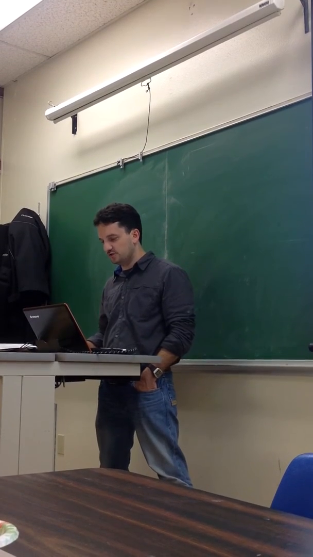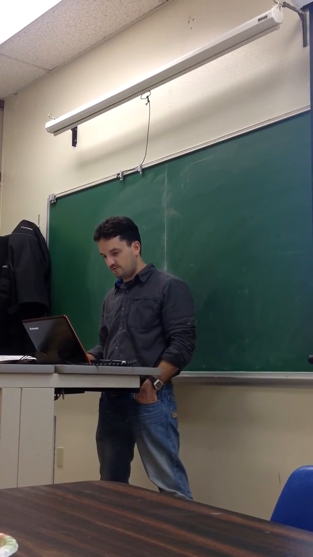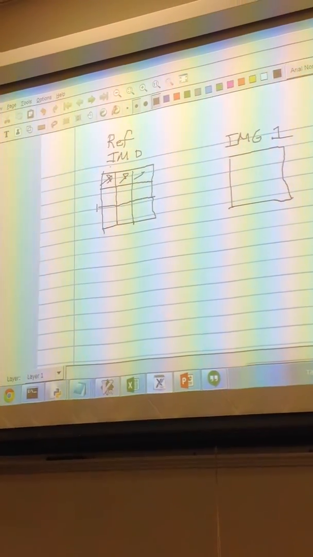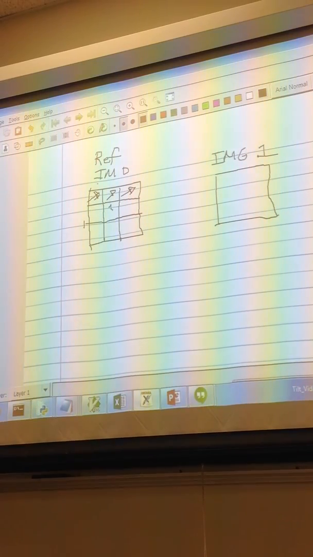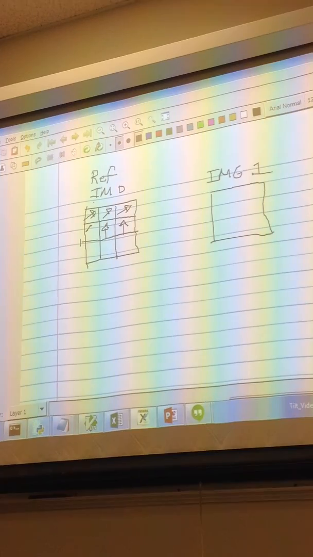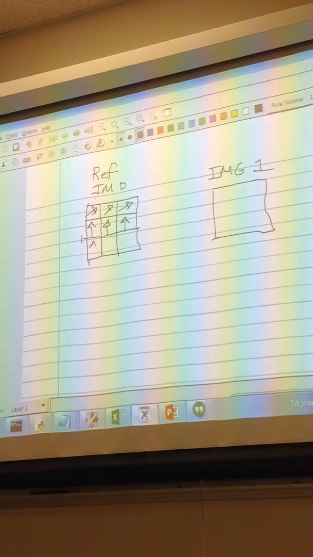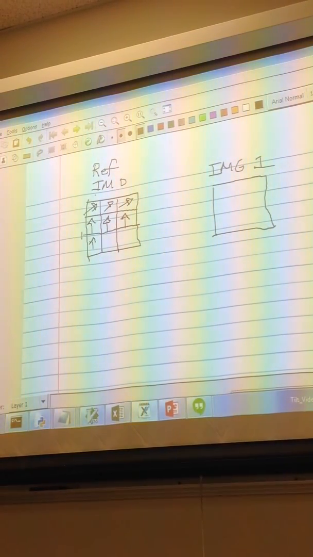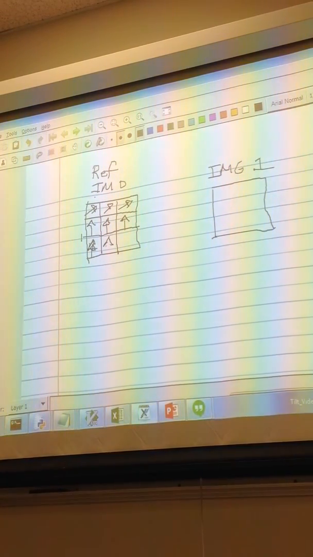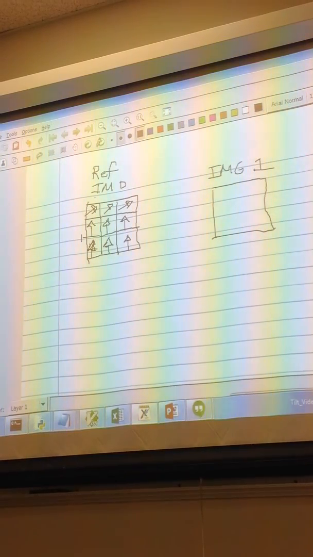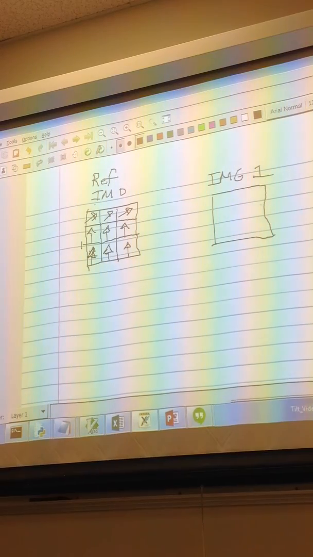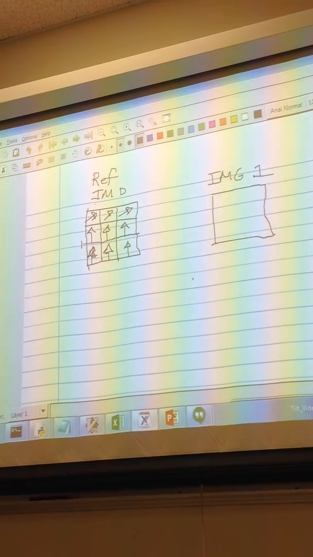We've already calculated the motion vectors. We have these motion vectors for image 0, and they point to some blocks over here in image 1.